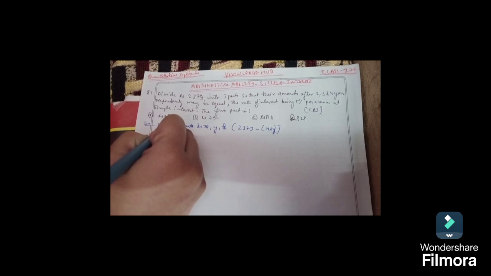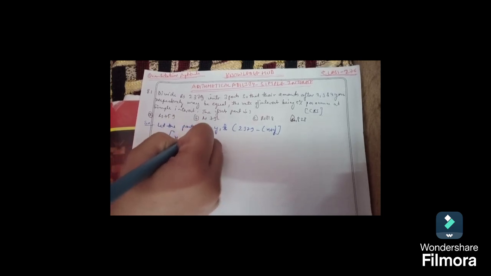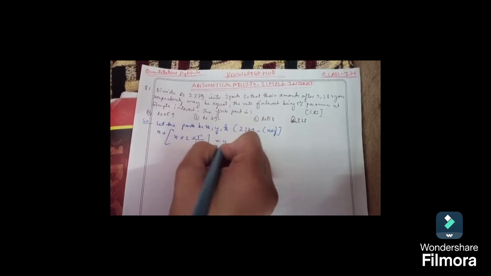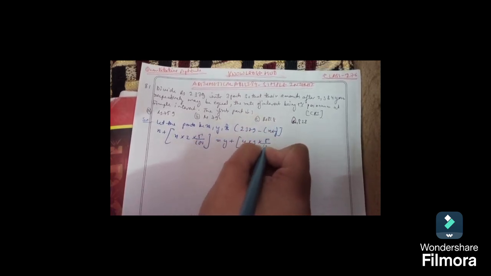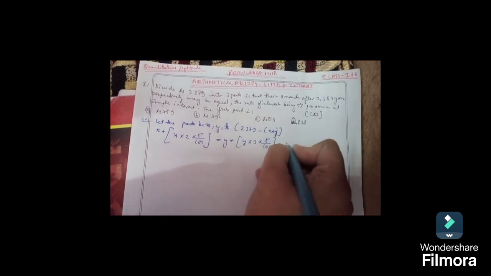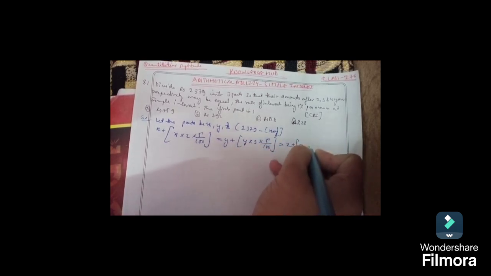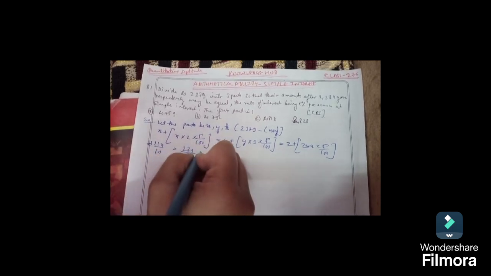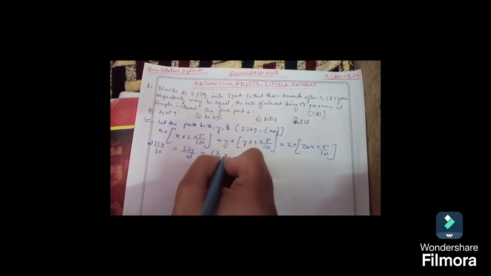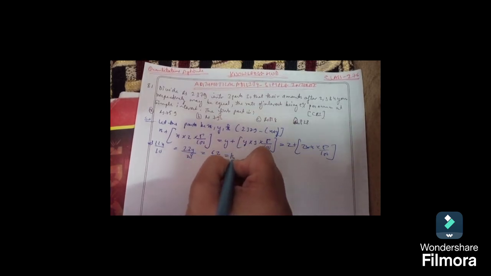So x plus x into 2 into 5 upon 100 equals y plus y into 3 into 5 upon 100 equals z plus z into 4 into 5 upon 100, which is 11x upon 10 equals 23y upon 20 equals 6z upon 5, which equals k.